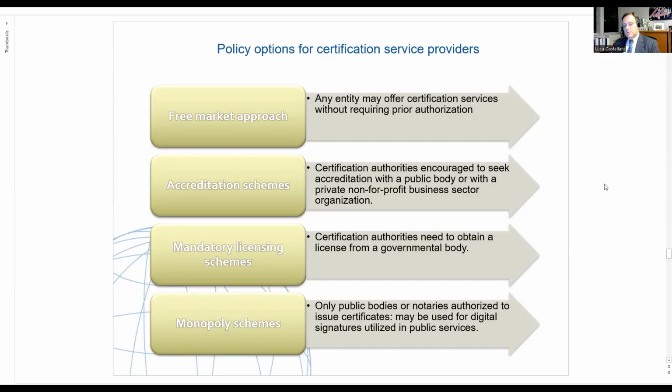Now, this can be true for all kinds of services, or can also be true only for those services that are considered as more secure or qualified, and therefore they benefit from certain presumptions. And last but not least, in certain cases, we do have actually a mandatory scheme with a monopoly, and only certain authorized bodies can provide these services.